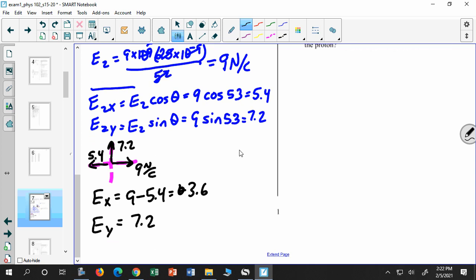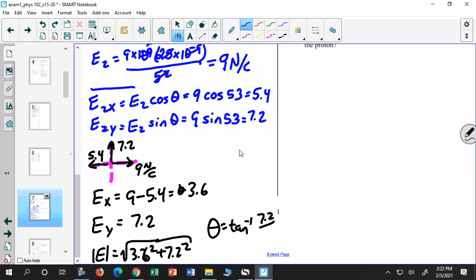And then finally, to find E, 3.6 squared plus 7.2 squared. And then to find the angle for E, I'll call it theta, is going to be the inverse tan of opposite over adjacent. That's 7.2 over 3.6. And then that'll be whatever it is.